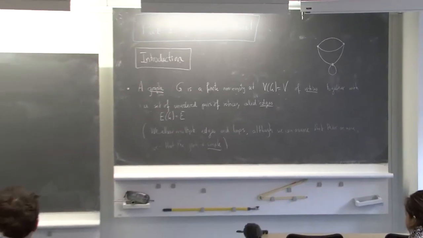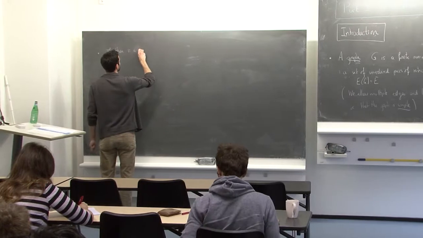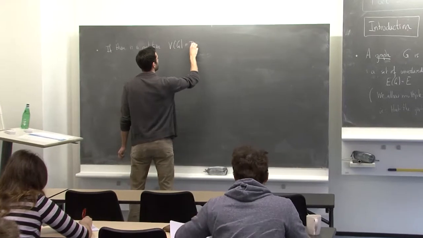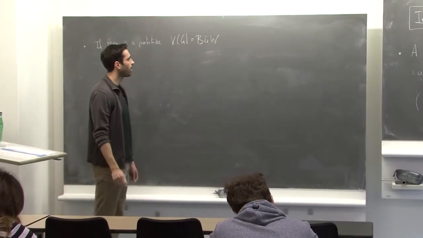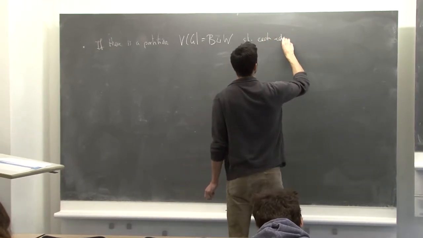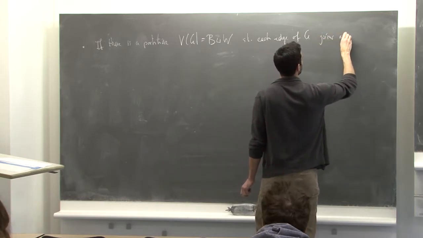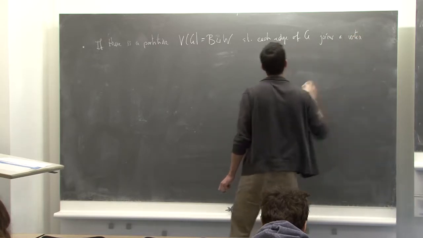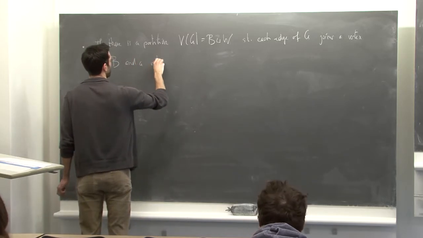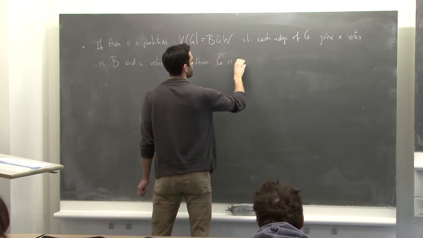Next, what is a bipartite graph? If there is a partition of the vertices of the graph into two subsets, such that each edge of G joins a vertex in B and a vertex in W, then G is called bipartite.